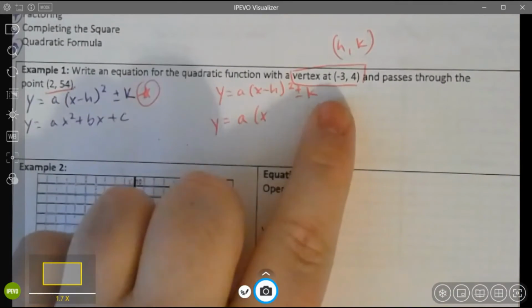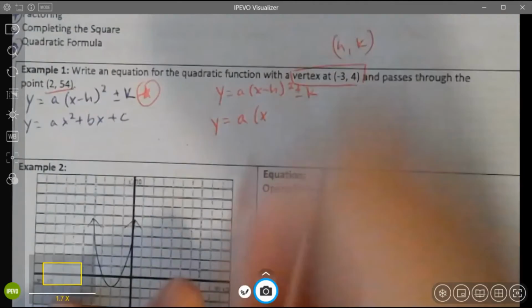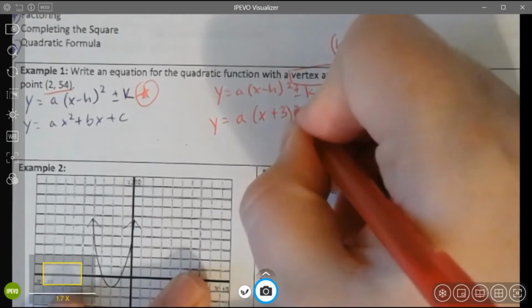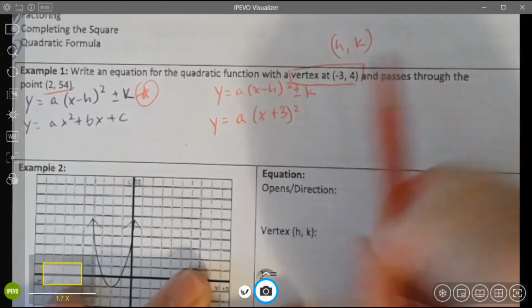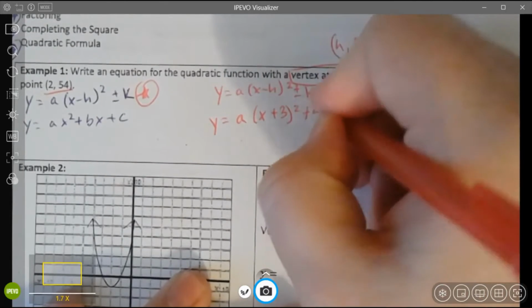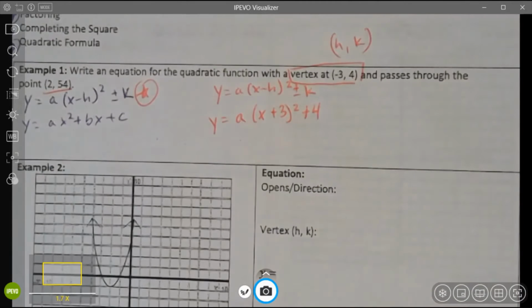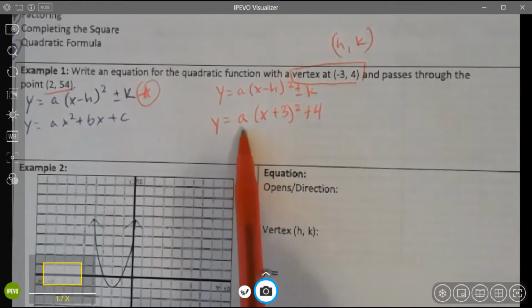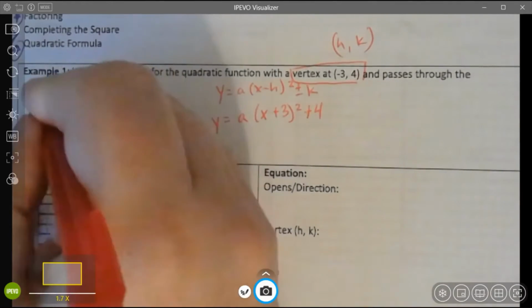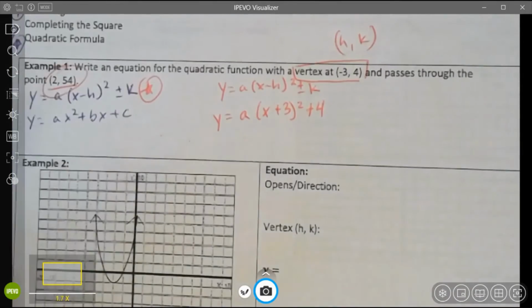Remember, since h is negative, I have to put a plus 3. And then my k value is 4, so I'm going to put plus 4. Okay. And then this would be a pretty close equation if I could just figure out what a is. And that's where this point 2, 54 is going to help. So I'm going to use the point 2, 54 to figure out what my a is.